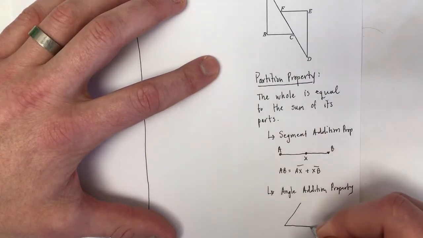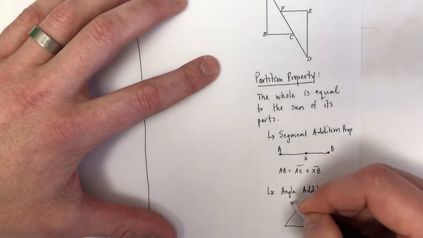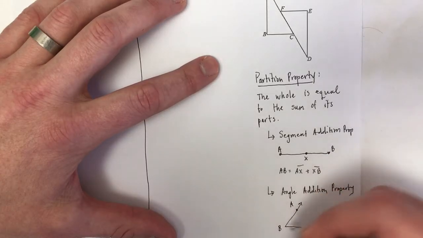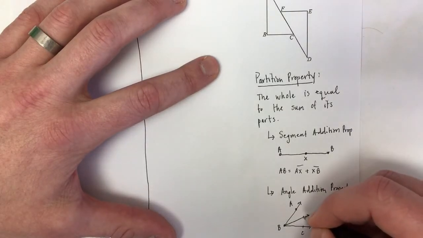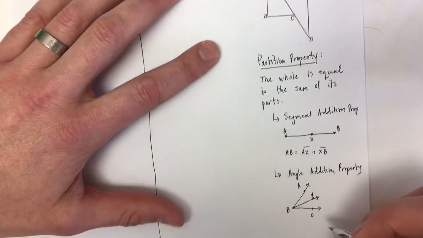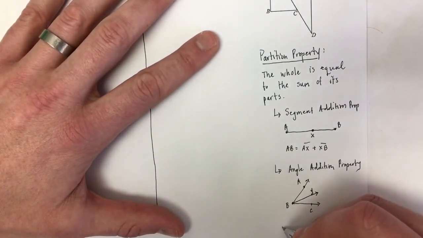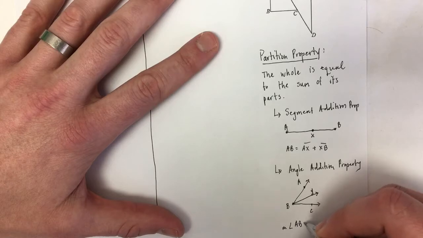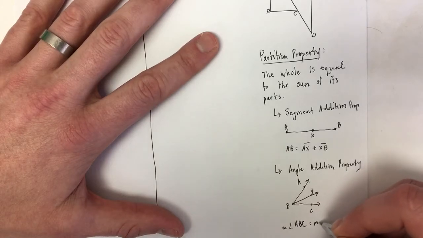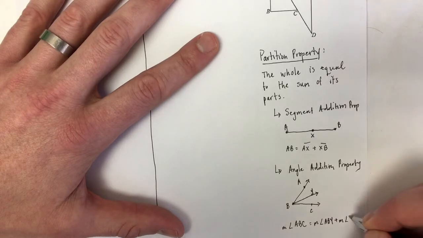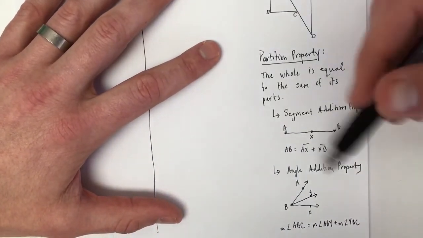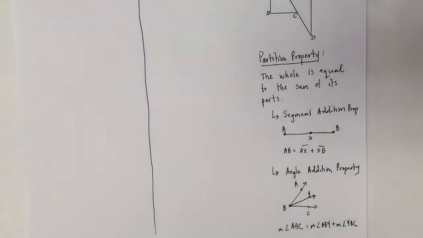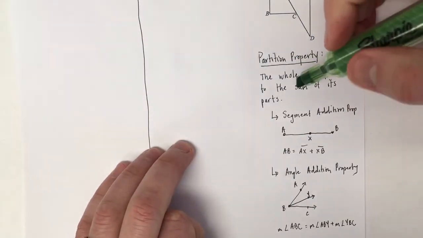And so if I have an angle, let's call it A, B, and C with some ray splitting it up, let's call that Y. Basically what the angle addition property would say is that the measure of angle ABC is the sum of its parts, so equals the measure of angle ABY plus the measure of angle YBC.